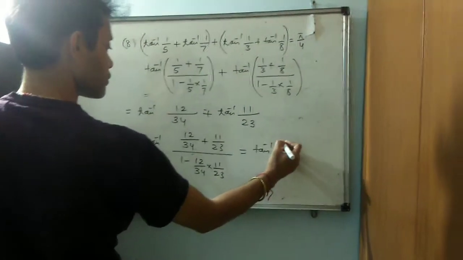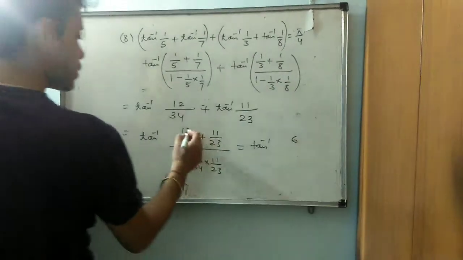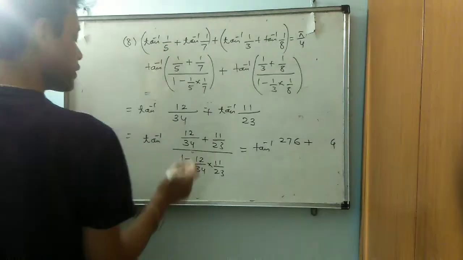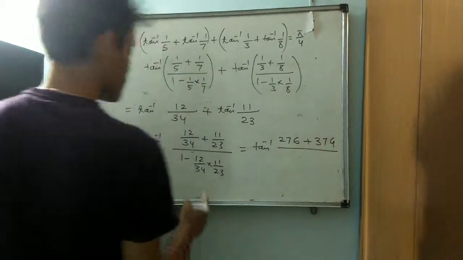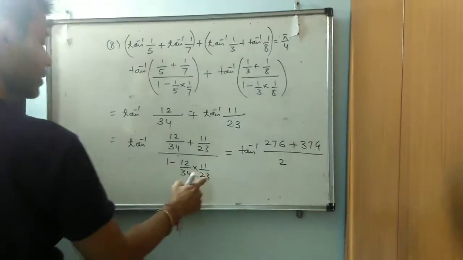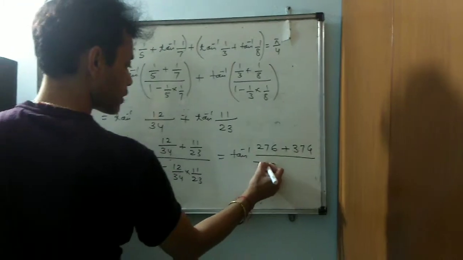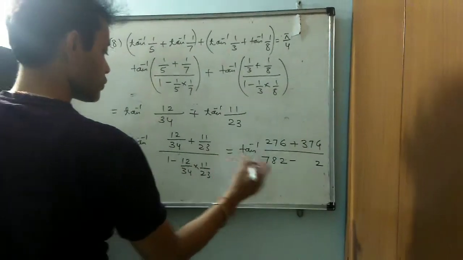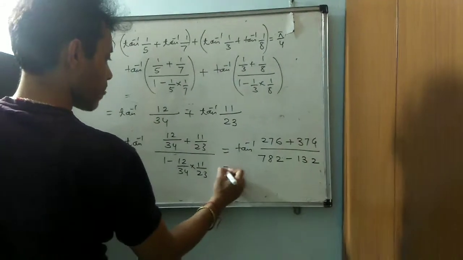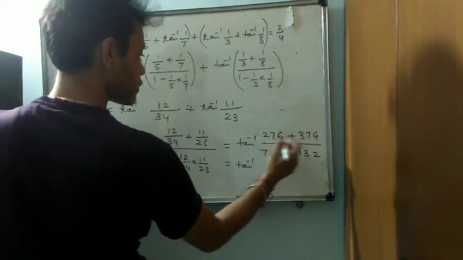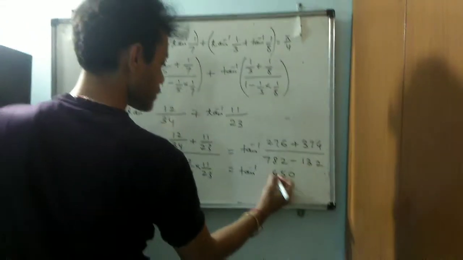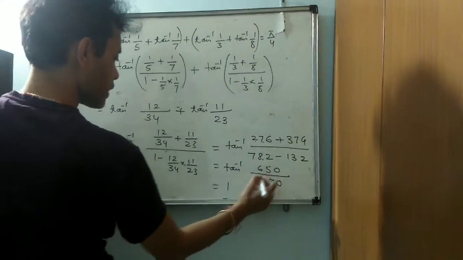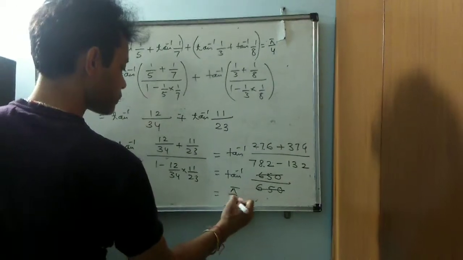Now 12 into 23, 12 into 3 is 36, 12 into 2 is 24, 24 and 3 is 27, plus 11 into 4 is 44, 11 into 3 is 33 and 4 is 37, divided by 23 into 4 is 92, 9, 23 into 3 is 69, 69 and 9 is 78, minus 12 into 11, 11 into 2 is 22, 11 into 1 is 11 and 2 is 32, 13. This equals tan inverse of 1.